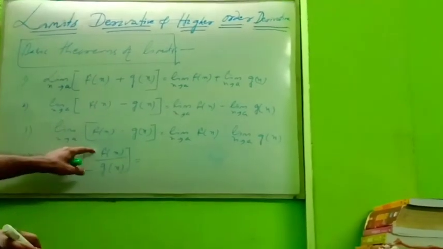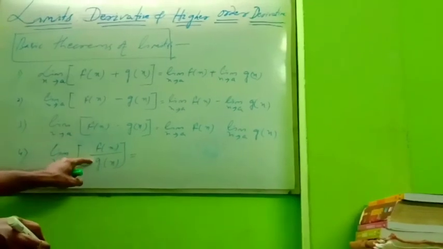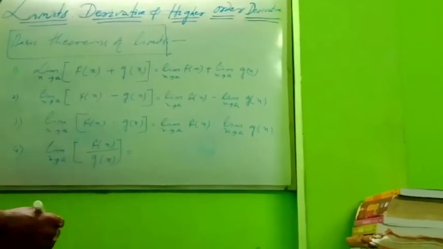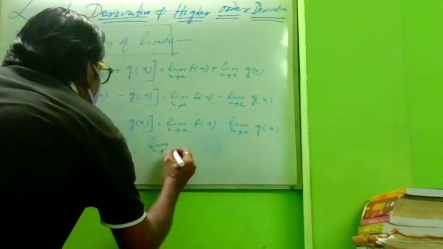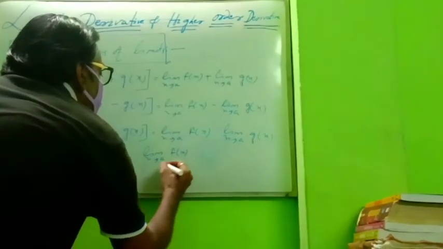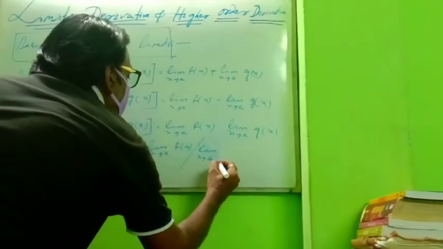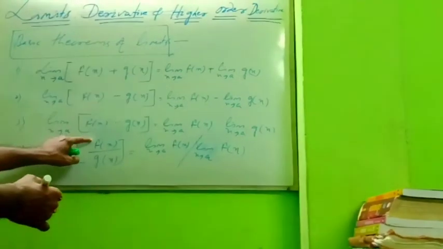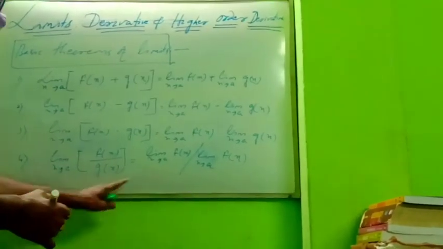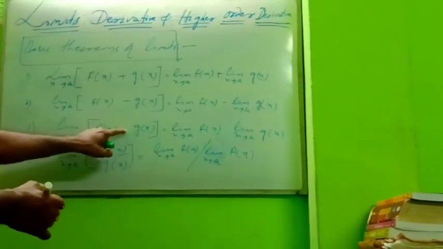Here two functions are divided. In this case, limit x tends to a of f of x divided by limit x tends to a of g of x. That means individually you have to find the limit of f of x as well as the limit of g of x, then divide. First one is sum, difference, product and quotient.